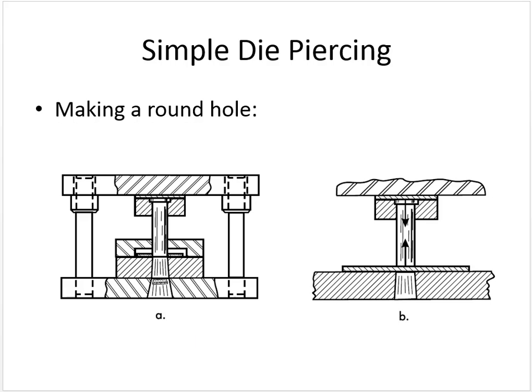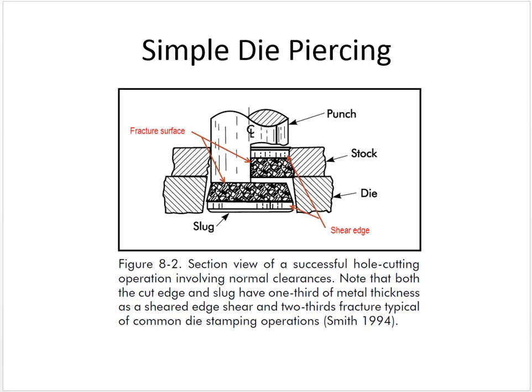Now, some of the terminology that goes along with simple die piercing is shown in this slide. This is a section view of a successful hole cutting operation involving normal die clearances. We're going to talk a lot about normal die clearances in this lesson.